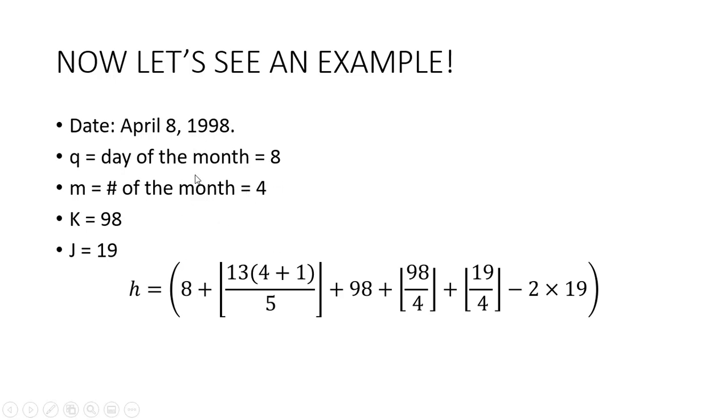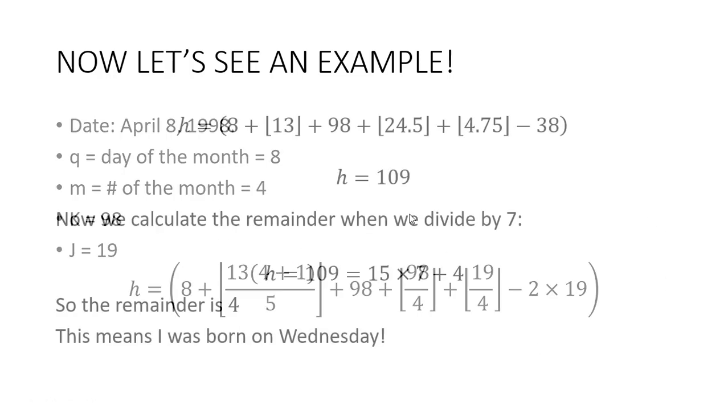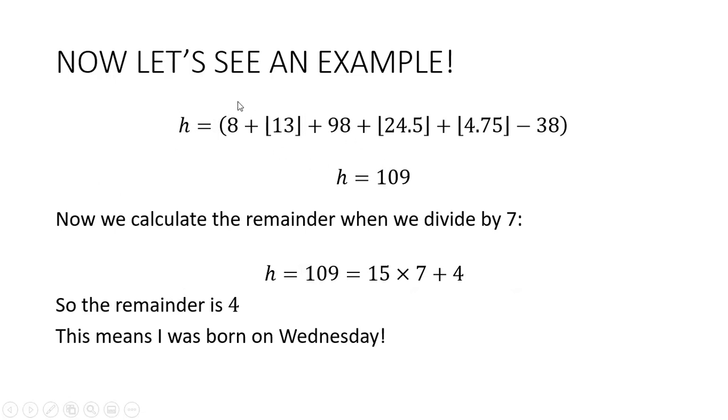So if I plug those numbers into my formula, I get this expression, and obviously I'm going to simplify some things. So I end up with 8 plus floor function of 13 plus 98 plus floor function of 24.5 plus floor function of 4.75 minus 38.